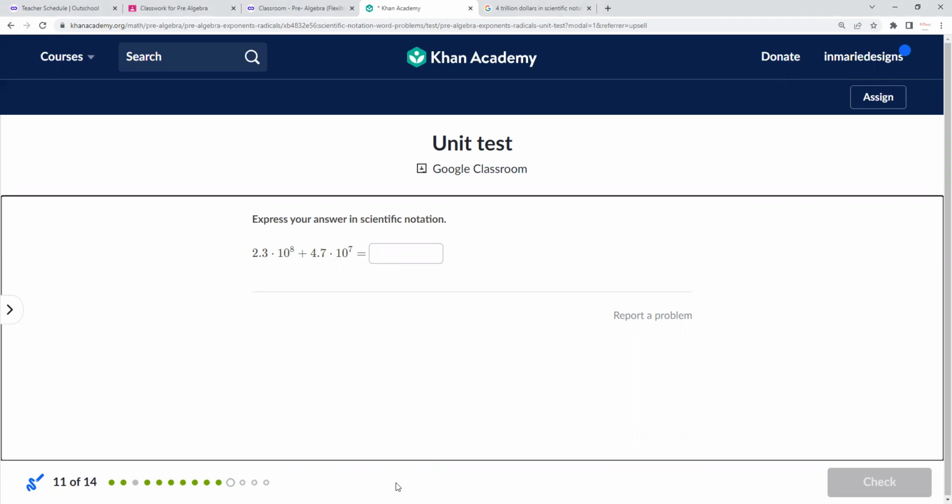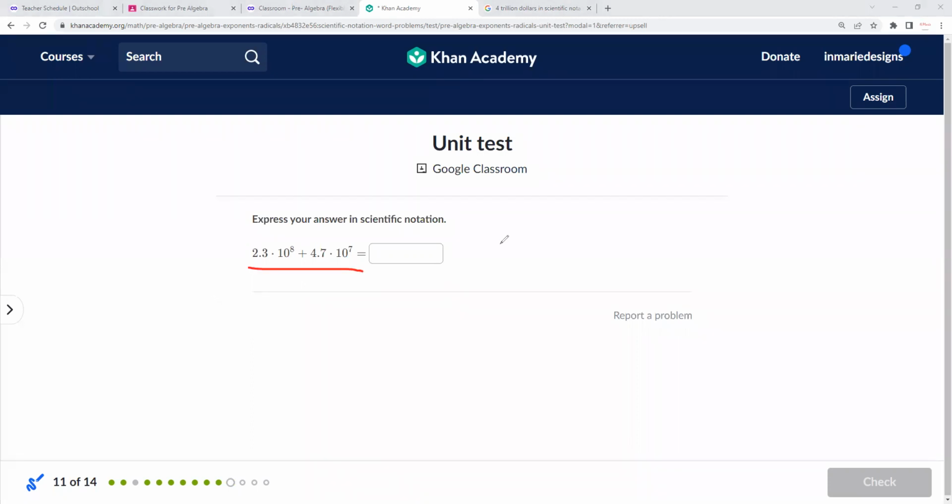So 2.3 times 10 to the 8th plus 4.7 times 10 to the 7th would get me... So you can enter this in your calculator and it will do the math for you. Or you can just write it out, right? 1, 2, 3, 4, 5, 6, 7, 8.